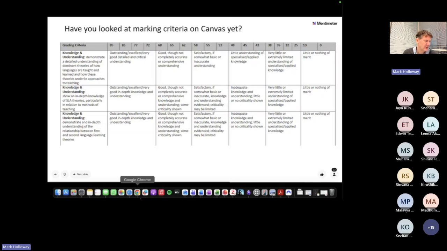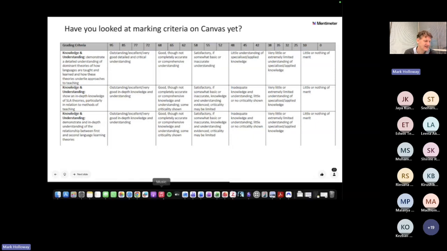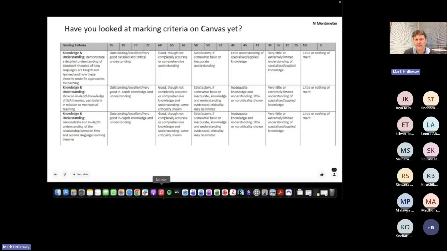So on the left, you'll have the grading criteria, and there'll be an element of the assignment that your marker is looking for. And these are all the different things that the person setting the assignment is giving you an opportunity to demonstrate. So it might be broken down into knowledge and understanding and skills. It might be about the presentation. It may be something about your use of literature, your use of sources.